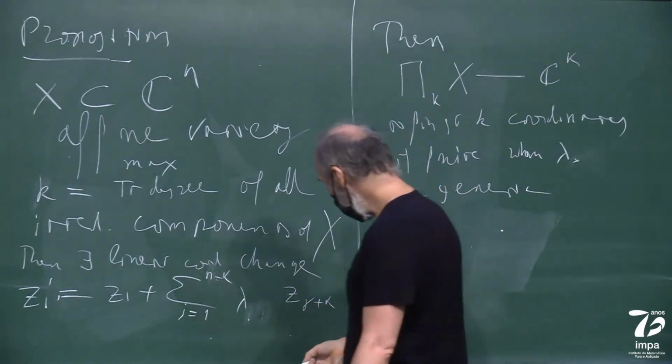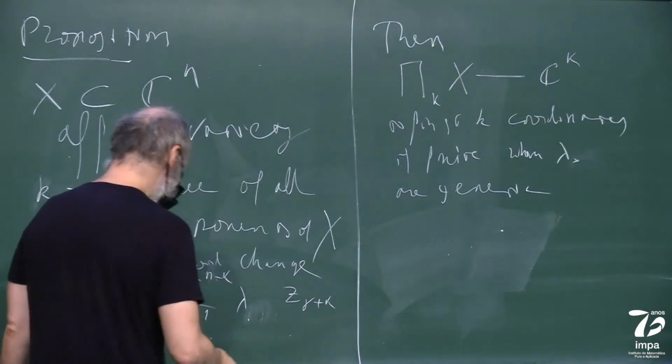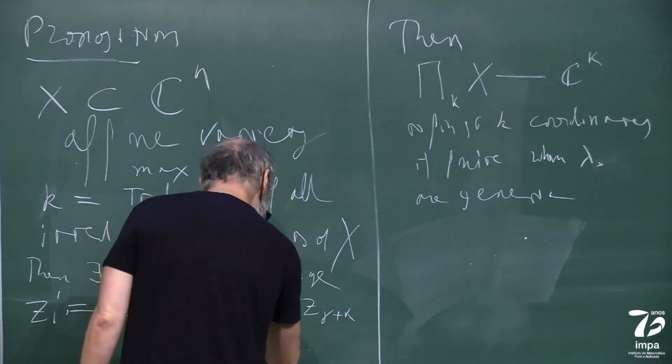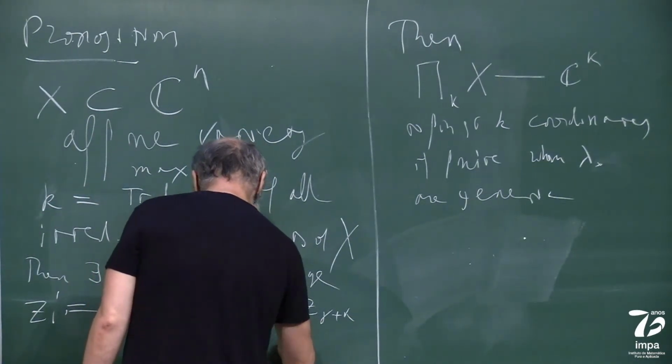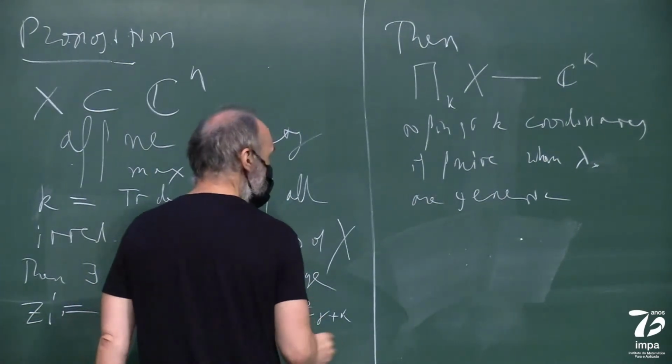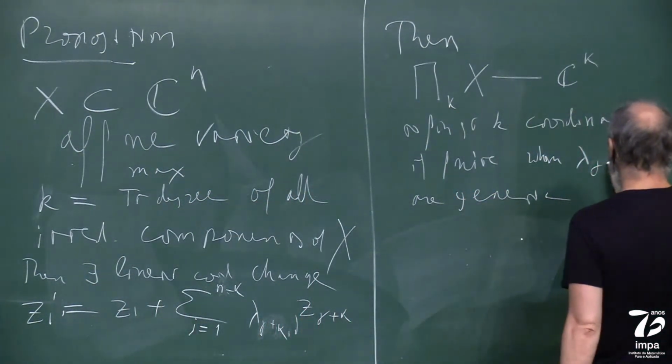So you do your linear changes step by step. So it should be j plus k and i.